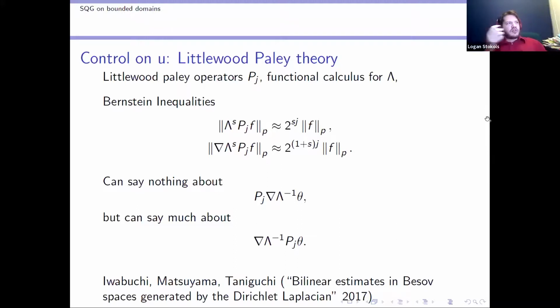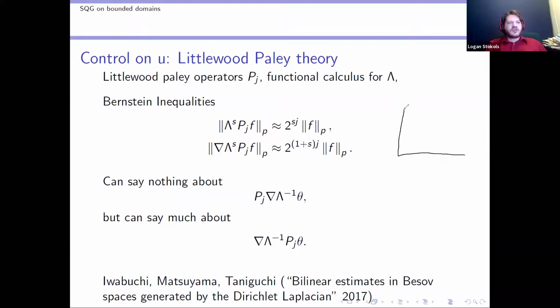So Littlewood-Paley operators: you look at a function and you parameterize it by the eigenvalues, lambda 0, lambda 1, lambda 2, etc. For the Littlewood-Paley operator Pj, you look at where lambda is approximately equal to 2 to the j, say between 2 to the j minus 1 and 2 to the j plus 1.